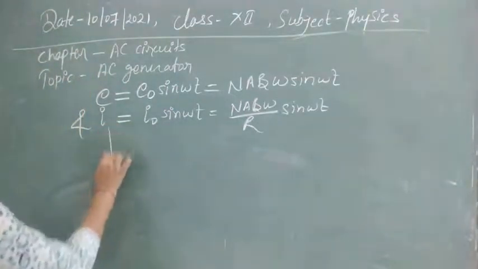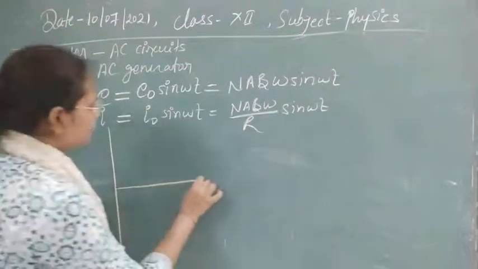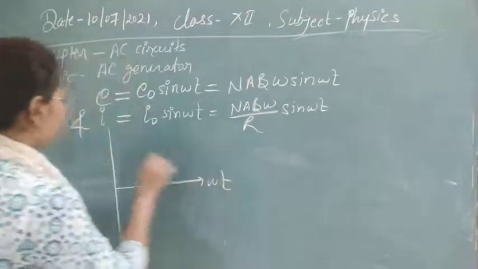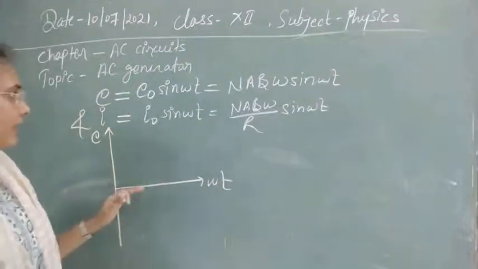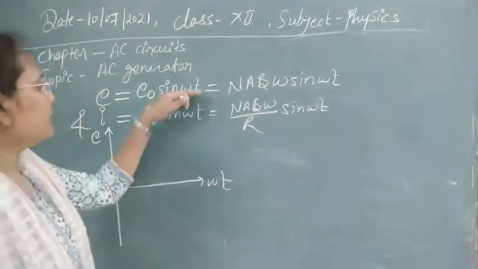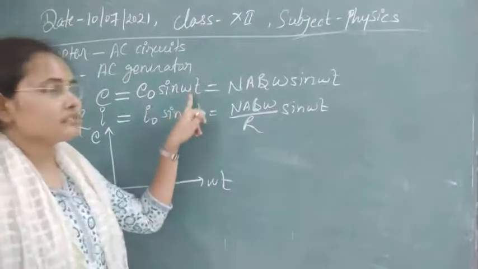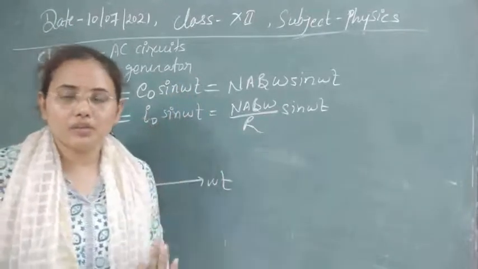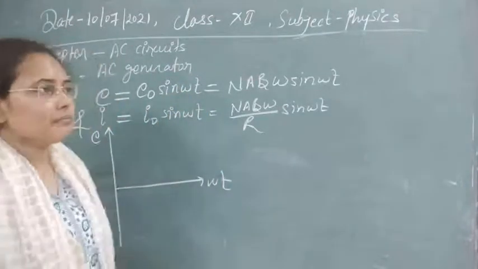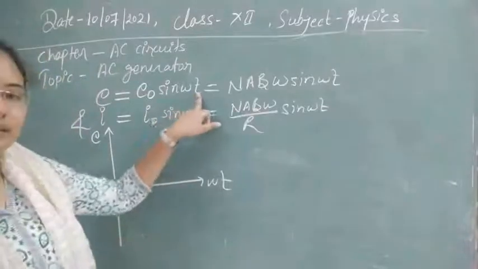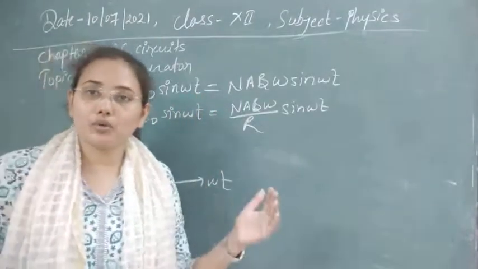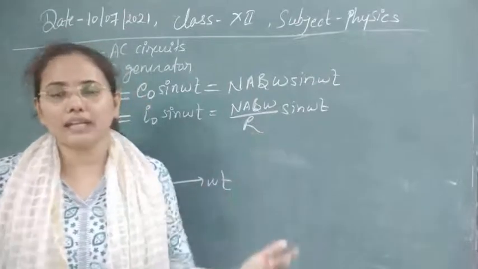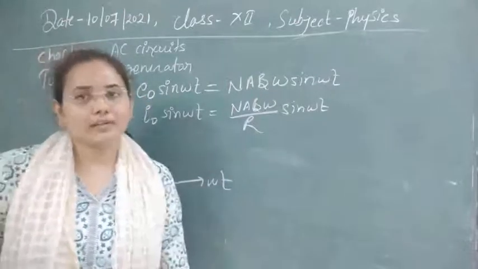Now let's start to make the graph of potential first with respect to this omega t, meaning with respect to the rotation of the coil. Whenever our coil rotates, suppose omega t is equal to 0. For time t equal to 0, you can also put t is equal to T by 2, t is equal to T, in terms of time periods.